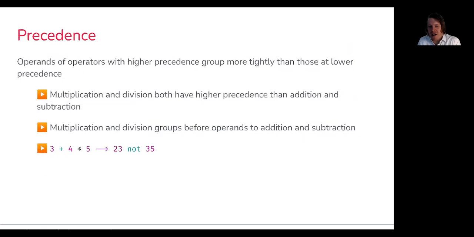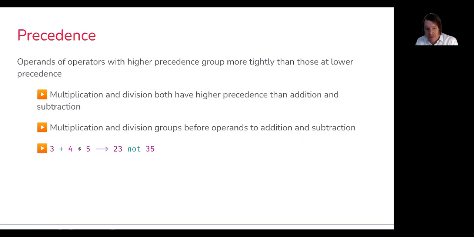So operands of operators with a higher precedence group will group more tightly than those at lower precedence. Multiplication and division both have higher precedence than addition and subtraction. This means that multiplication and division group before operands to addition and subtraction.